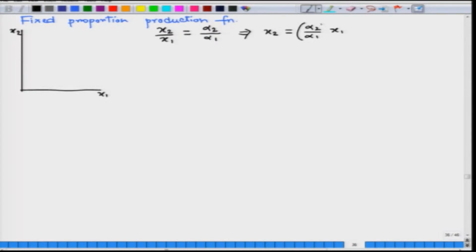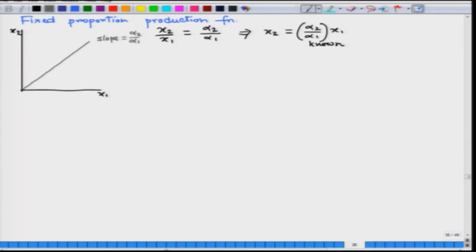So, in this expression, as alpha 2 and alpha 1 is known to me, then I can basically draw a straight line through origin whose slope is going to give me the ratio. And that is basically alpha 2 over alpha 1.